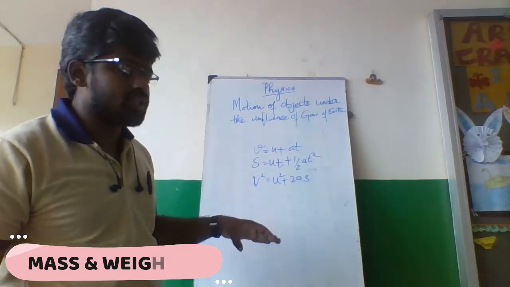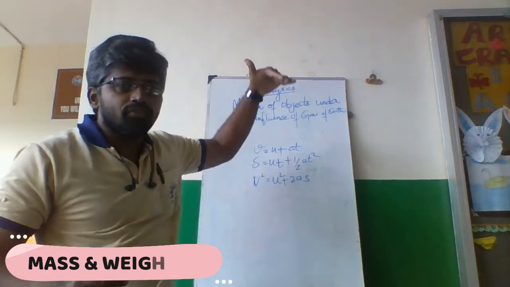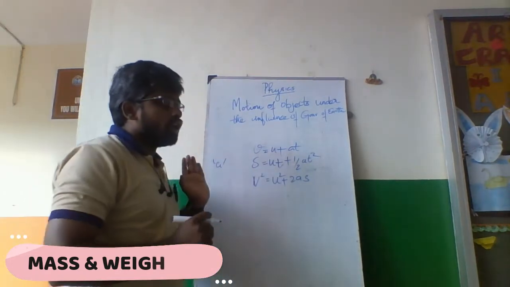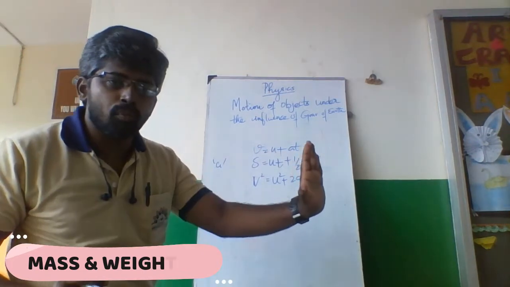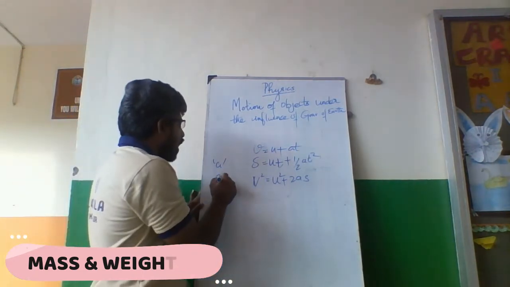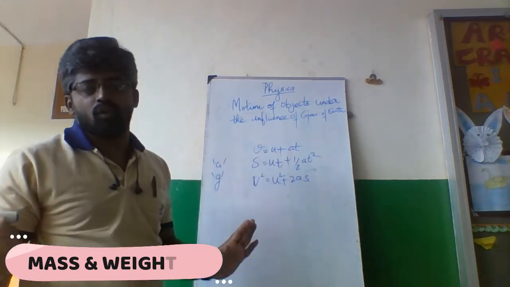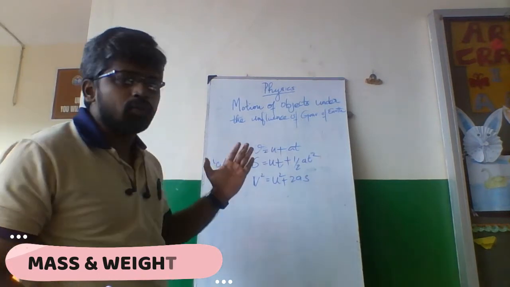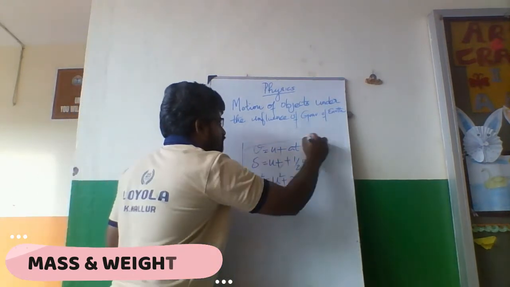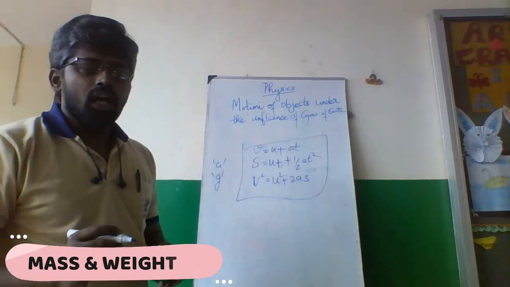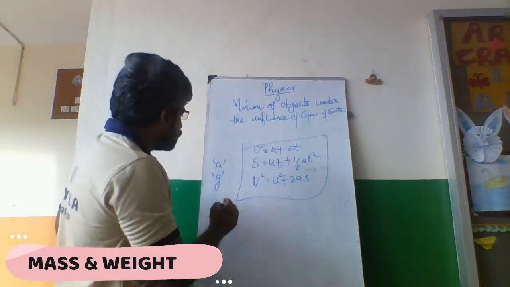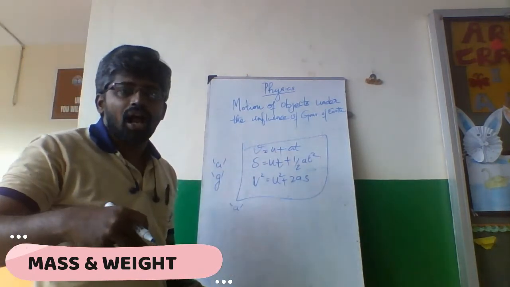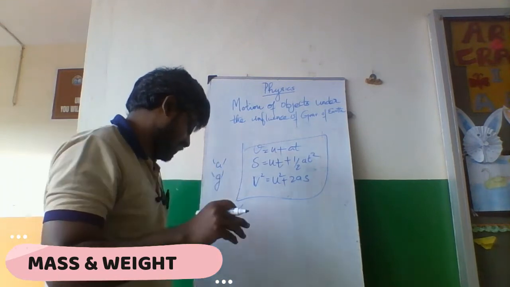In all these three equations, due to the vertical motion, the a, the acceleration in the horizontal motion, is changed into acceleration due to gravity g. That's all, nothing more. But what we have to remember in all these three equations is that a will be positive when the direction of the motion and the direction of the acceleration are one and the same.